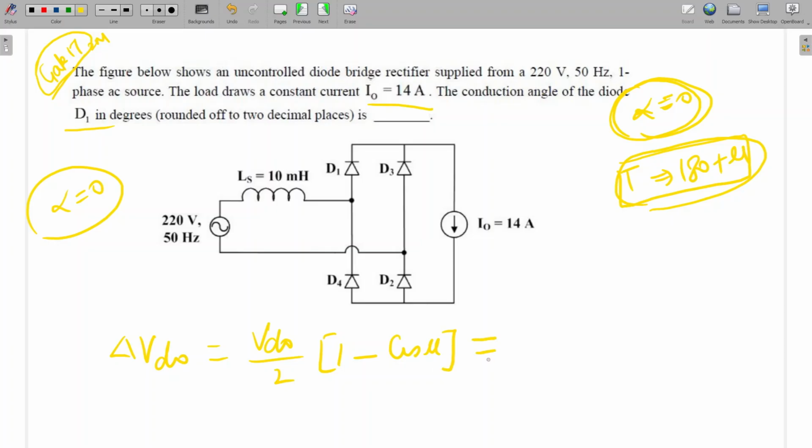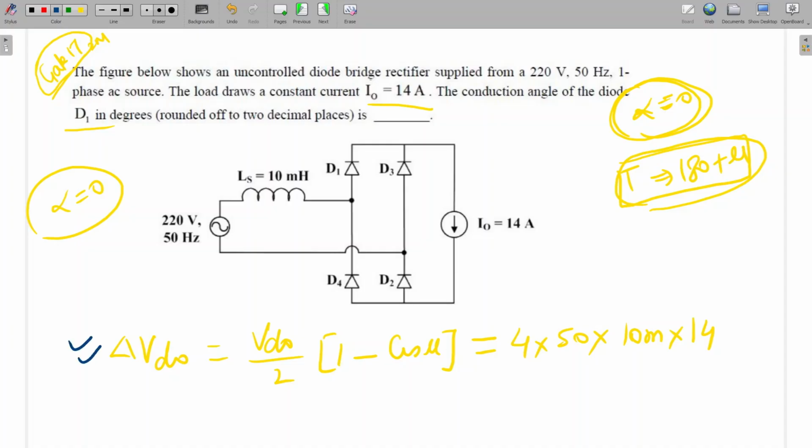This should be equal to how much? 4 into f into Ls, which is 10 milli into 14. Is this equation clear to all?